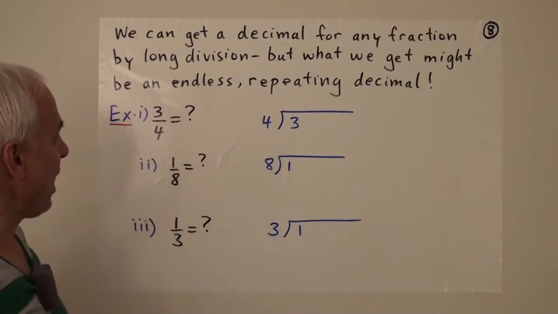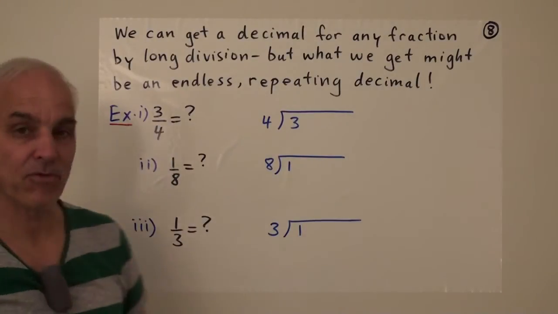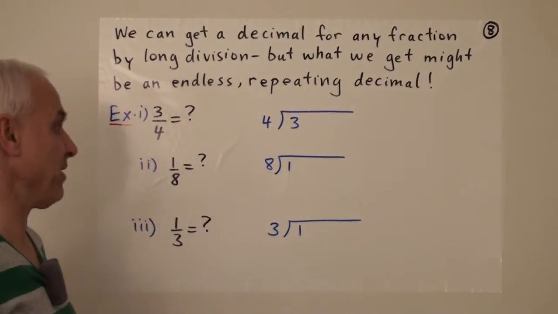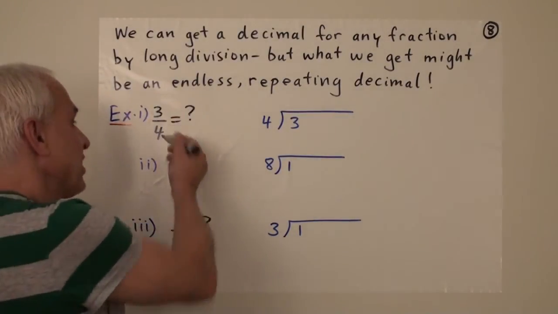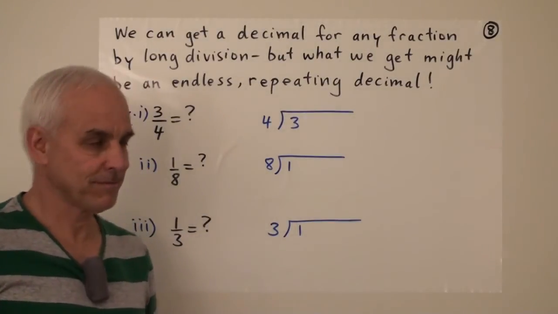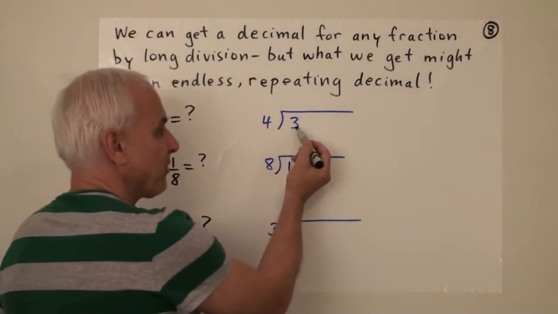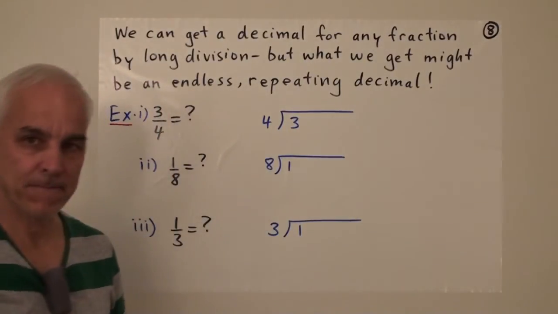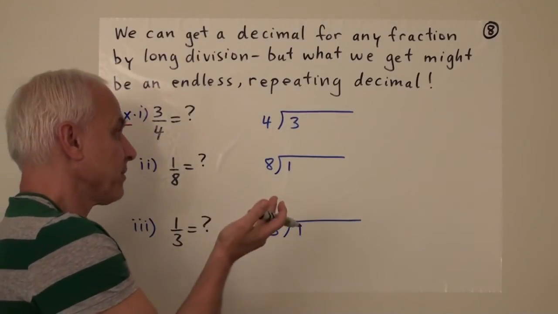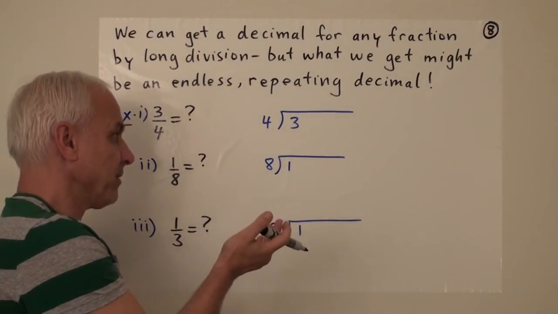So let me show you how you would get the decimal for 3/4 if you forget what it is. It illustrates the method. 3/4 is 3 divided by 4. That's what 3/4 is. So we could divide 3 by 4. Now in primary school, you would say, well, 4 doesn't go into 3.